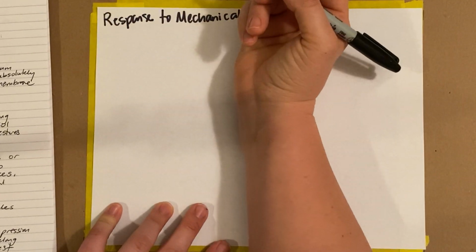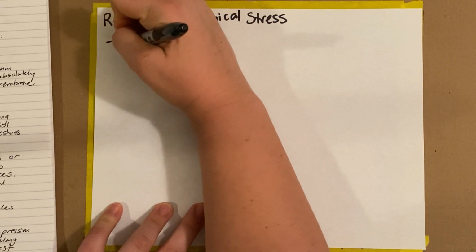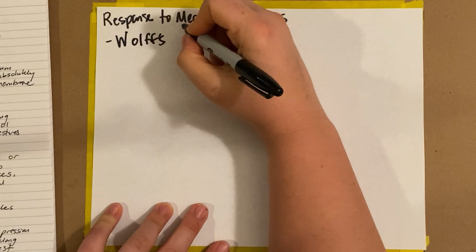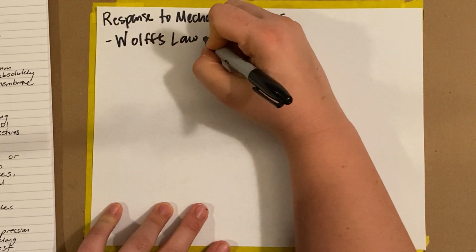So when we're talking about stress, there is a specific law called Wolff's Law, which I imagine is just someone who discovered this, and that's why it's named after them.